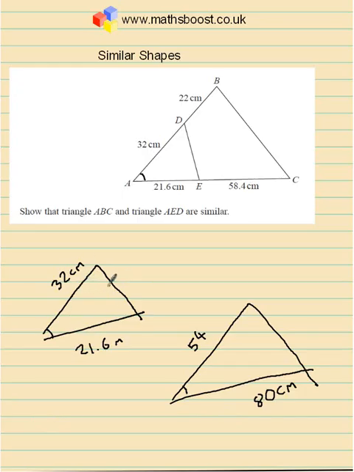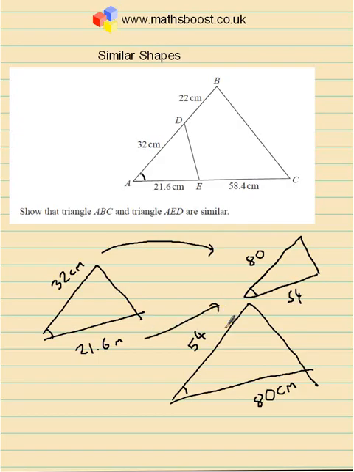These triangles are similar, but they're twisted around. I'm going to sort of take this triangle and sort of turn it upside down. I just can't think in 2 dimensions. But basically we're going to flip that around. So that's going to be the 80 and that's going to be the 54. And now we'll give this a go.